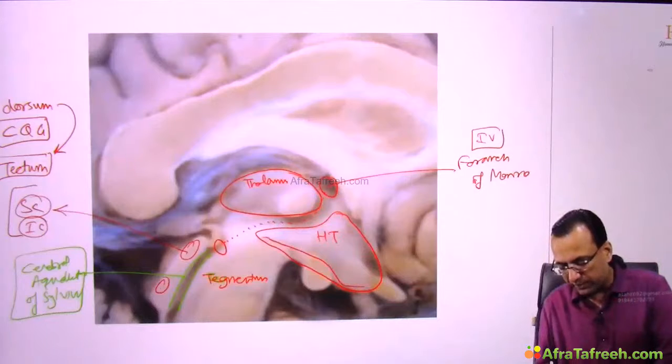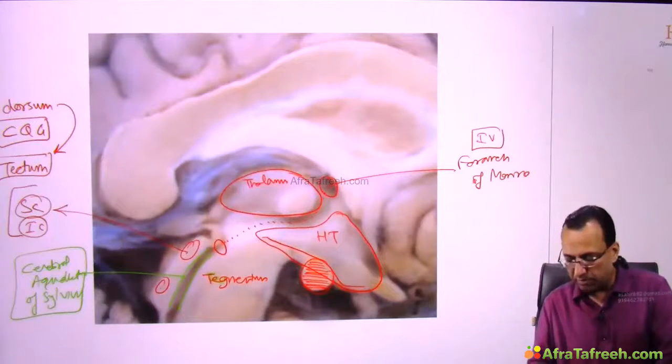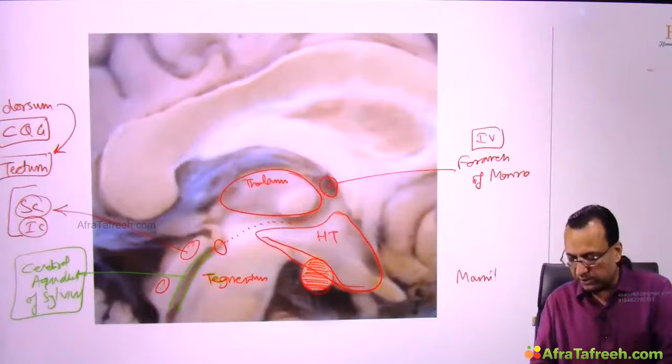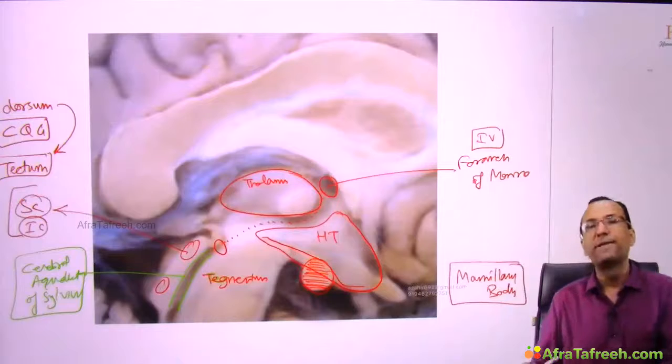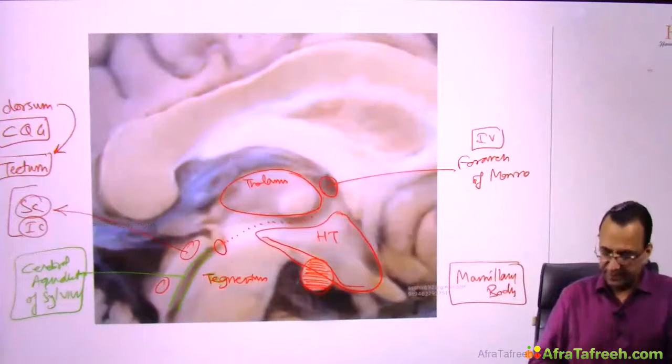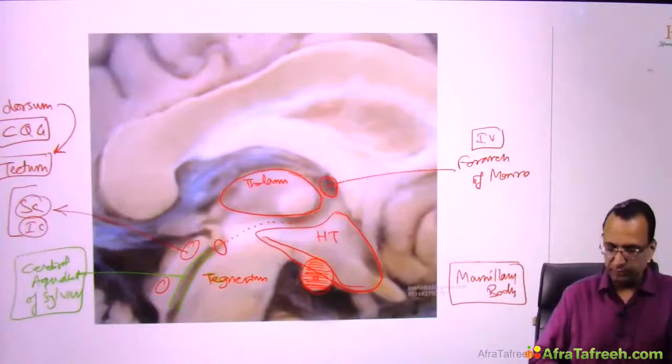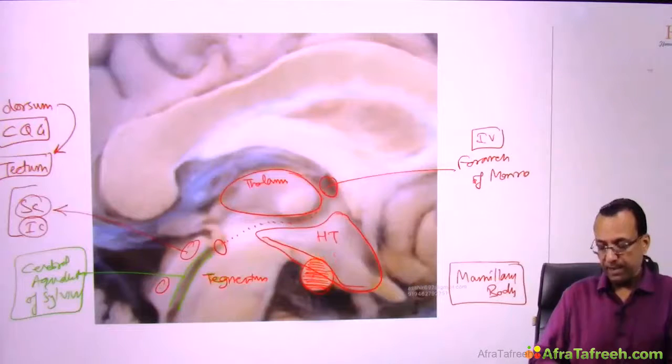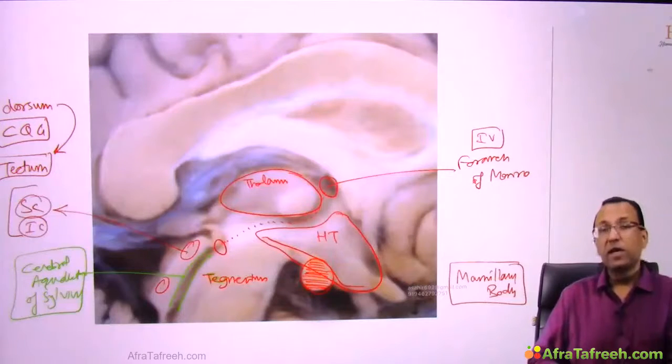At the floor, you can see mammillary body. This is the mammillary body, which is part of the hypothalamus, which is at the floor of the third ventricle.